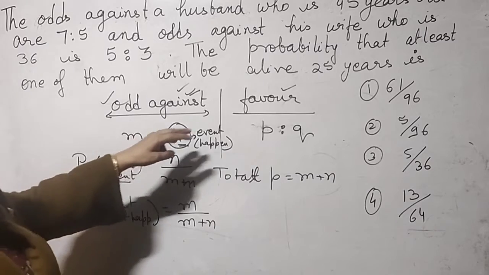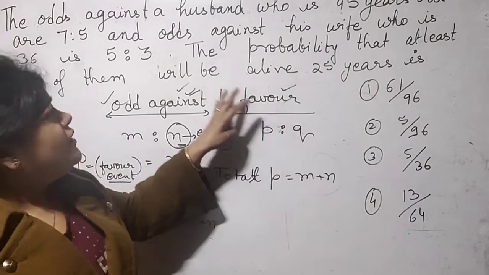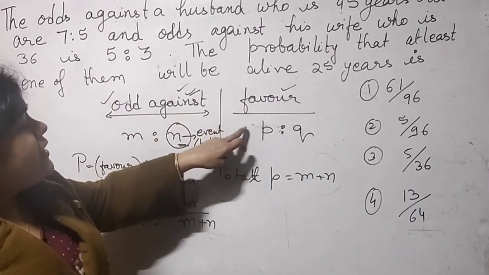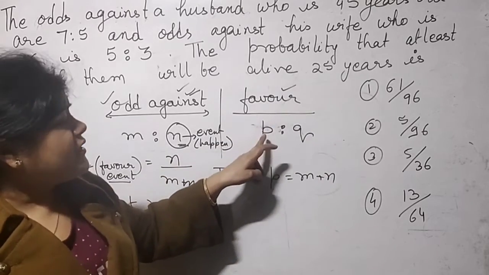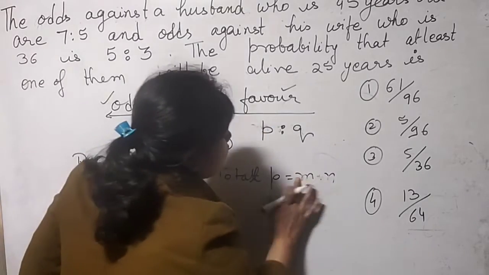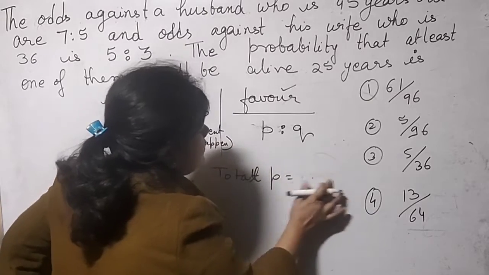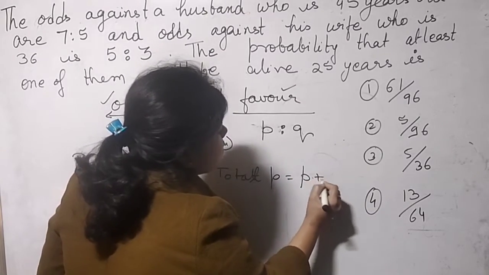But for example, if the question gives odds in favor and the ratio is given in this way, then the total probability is p plus q.